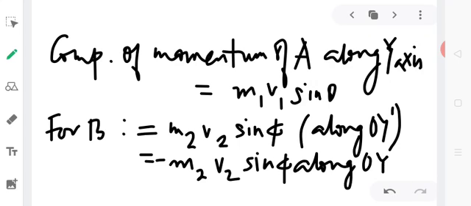Now, before collision, the component of momentum of body A or of body B along the y-axis is 0. There was no movement along the y-axis. So, the total momentum along the y-axis initially before the collision has to be 0.